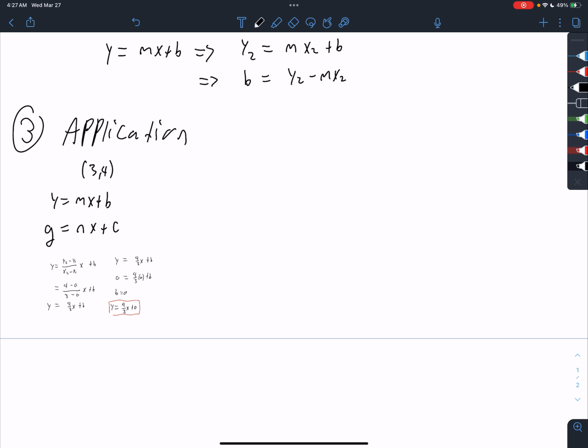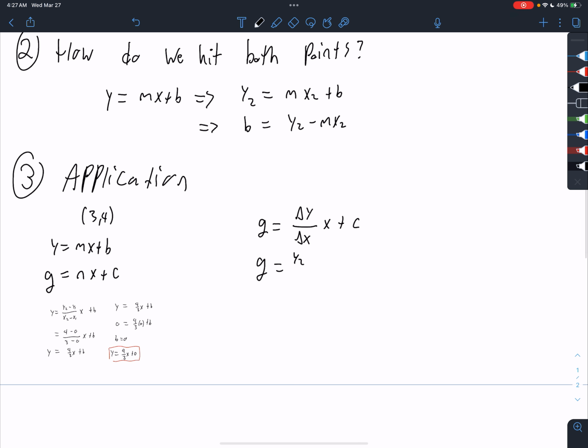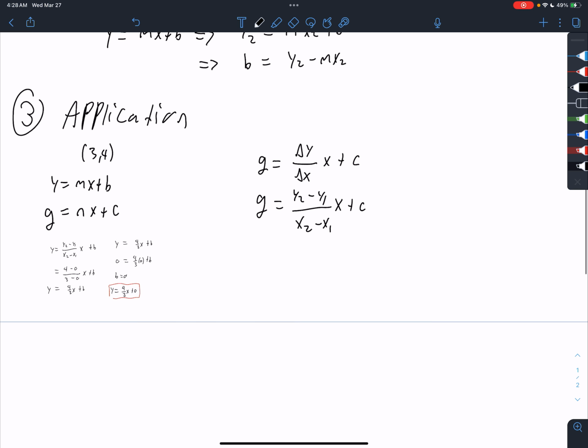So we know that G is equal to delta y over delta x times x plus c. Okay, well, that means that G is equal to (y2 minus y1) over (x2 minus x1) times x plus c. Just to make that clear.